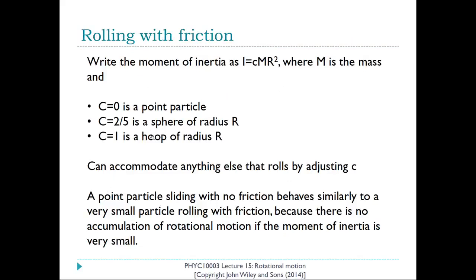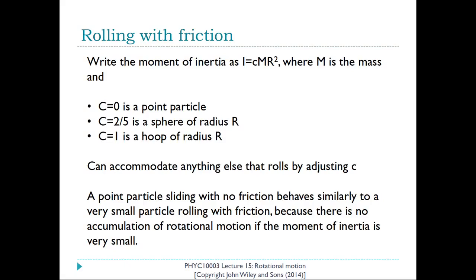So we're going to look at something rolling down. Is it going to be a sphere, like a bowling ball? Is it going to be a loop? Whatever it's going to be, we're just looking at these terms of c. So anything can be accommodated for rolling down just by adjusting that value of c.